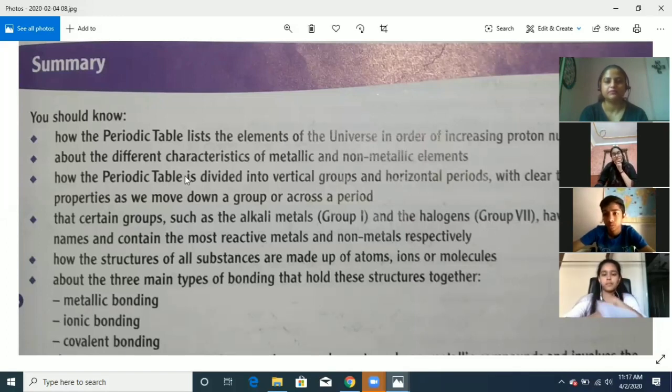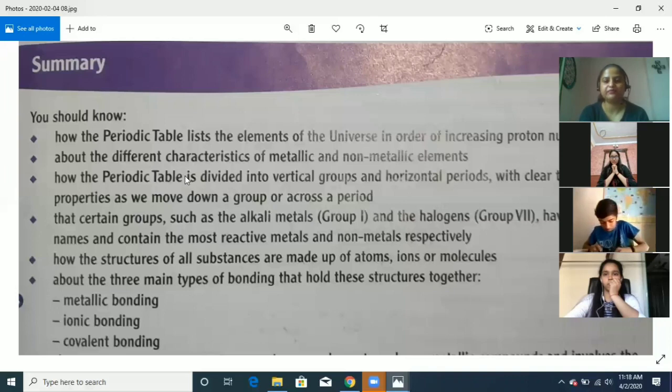So many modifications have been done in that periodic table, and now we have a modern periodic table. Mendeleev arranged all the elements in the increasing order of nucleon number. Nucleon number is number of proton plus number of neutron. Nucleon number is also known as mass number.